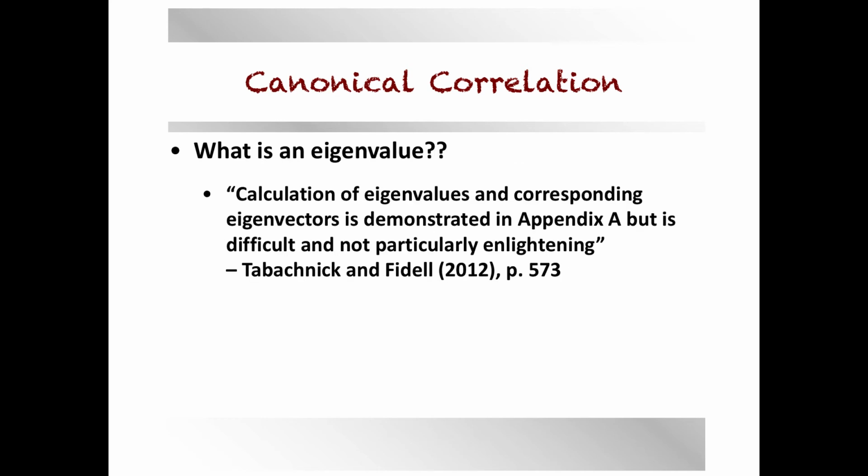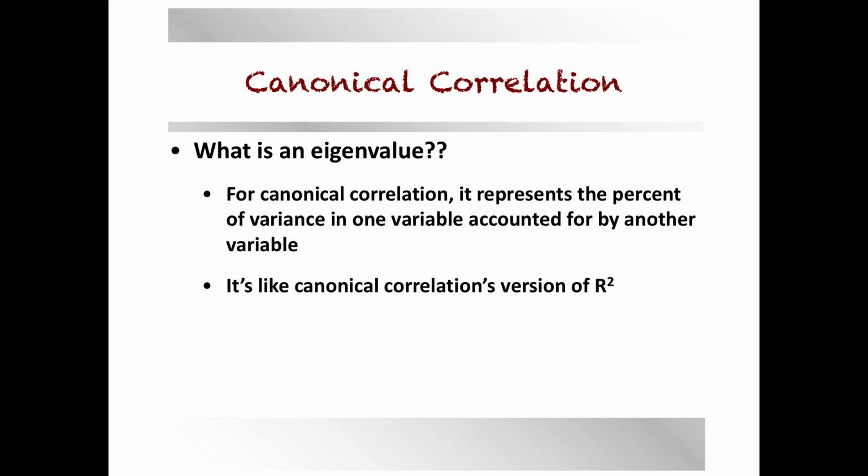So what is an eigenvalue? Well, here you go again with the eigenvalue explanation from Tabachnick and Fidell. Not particularly enlightening, but like I said, it is a value that sort of creeps in as a descriptive value of a particular matrix. So in this case, we're deriving canonical correlations via eigenvalues.